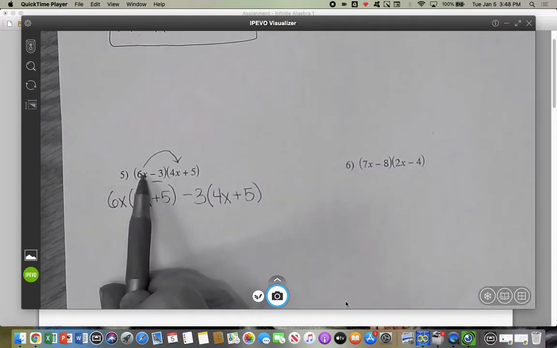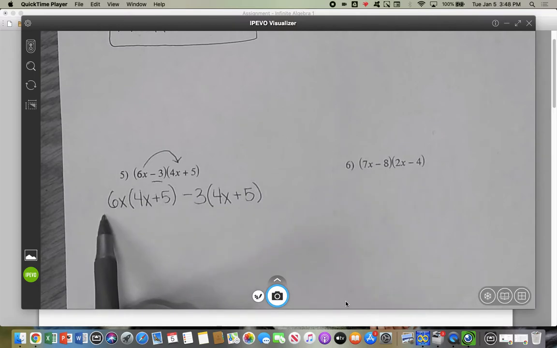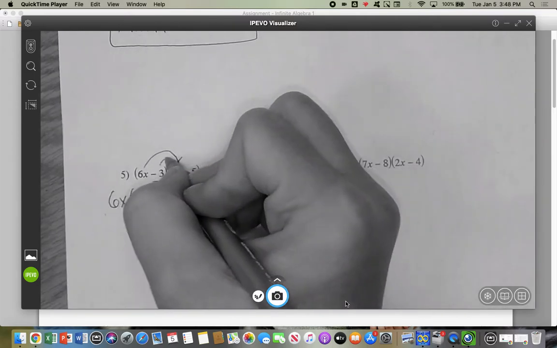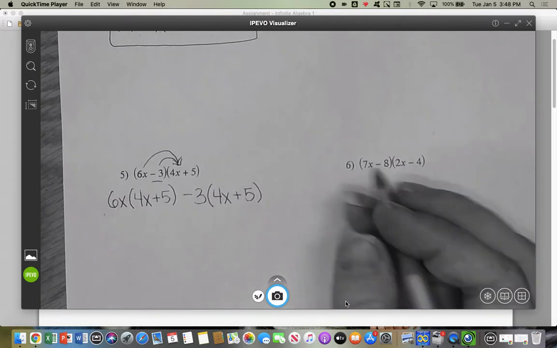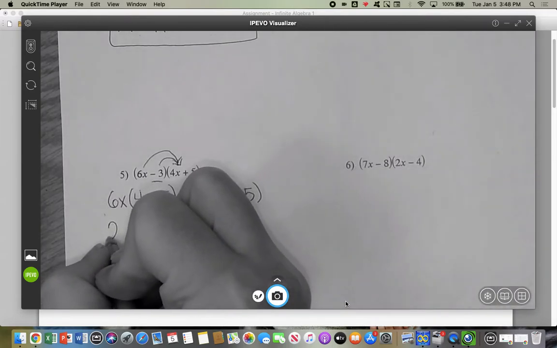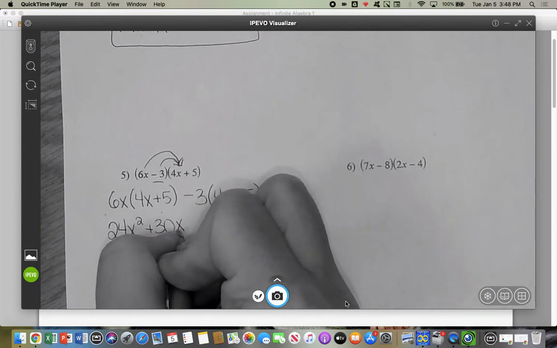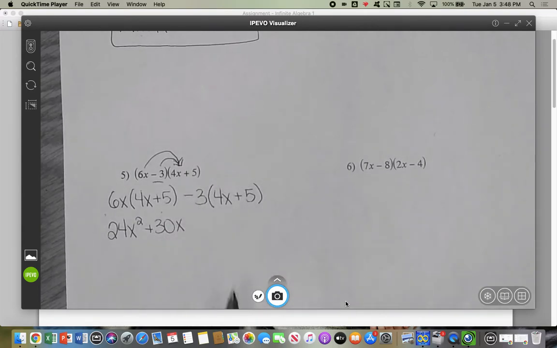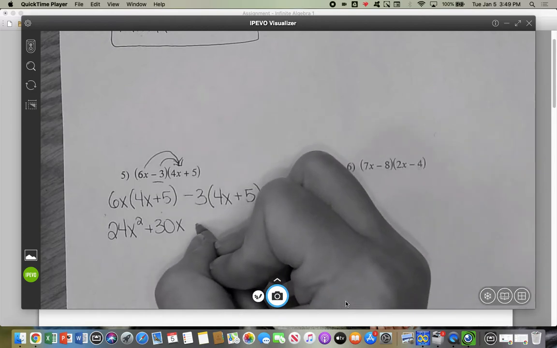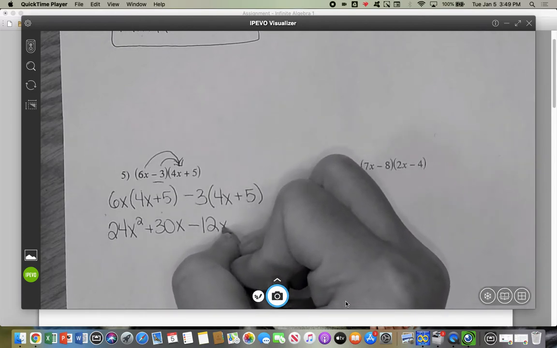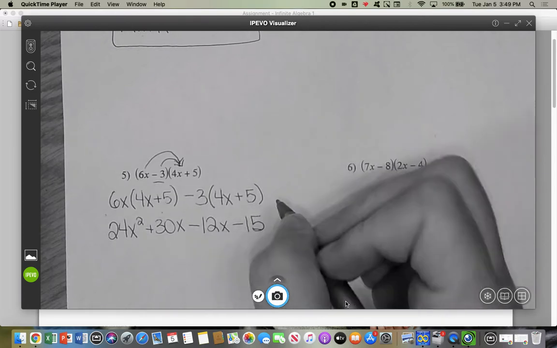So my positive 6x gets distributed first, then I'm going to distribute a negative 3 on my second one. So my first distributive property, I get 24x squared plus 30x. 6 times 4 is 24. Then we got our x squared. 6x times 5 is 30x. Then I'm going to distribute negative 3. So I get negative 12x minus 15.